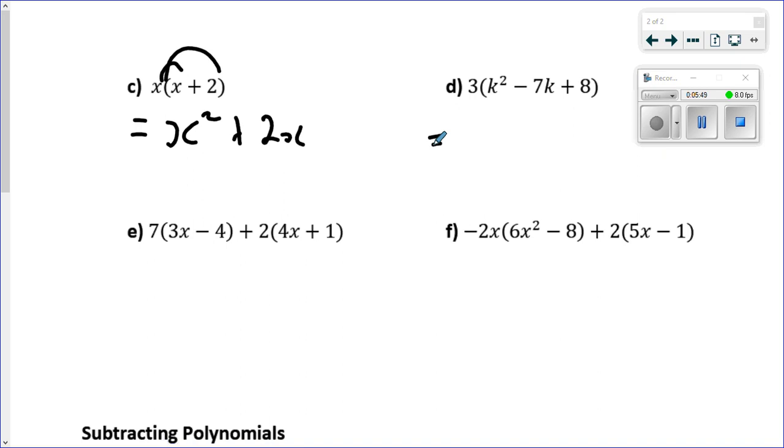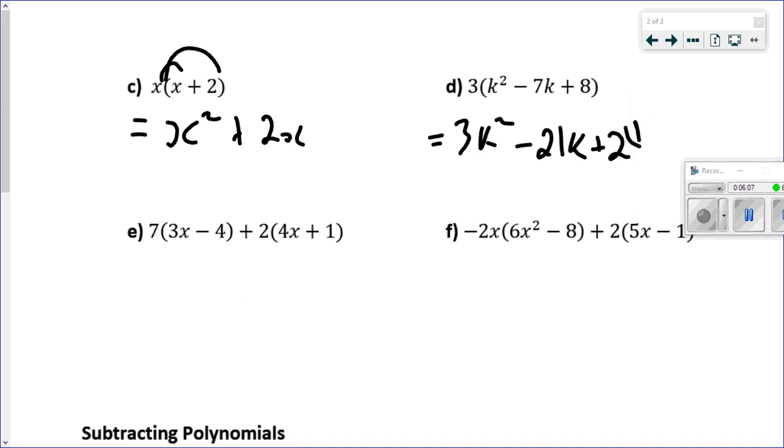On part D, we've got 3 times everything. It's a k, that's fine. 3 times 8 is 24.